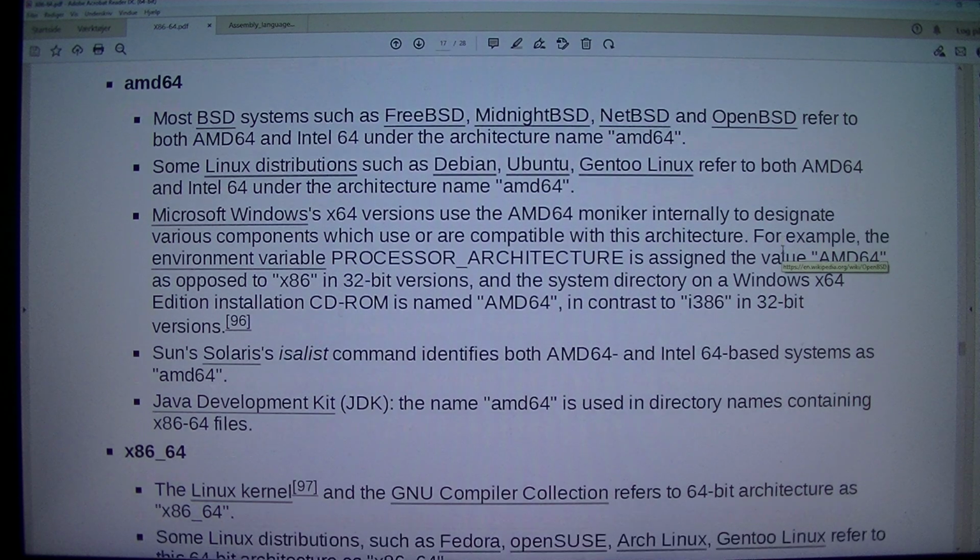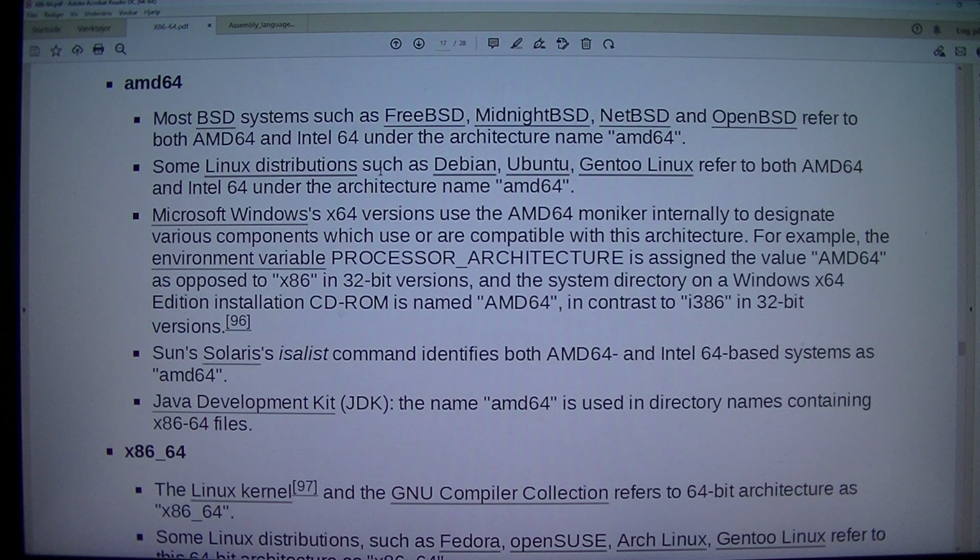Most BSD systems such as FreeBSD, MidnightBSD, NetBSD and OpenBSD refer to both AMD64 and Intel 64 under the architecture name AMD64.